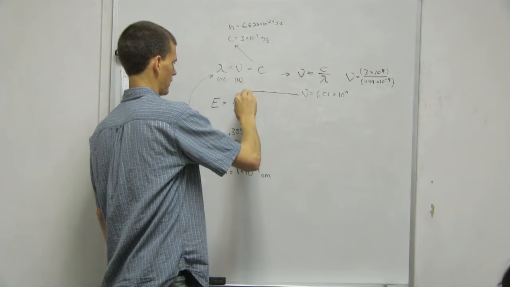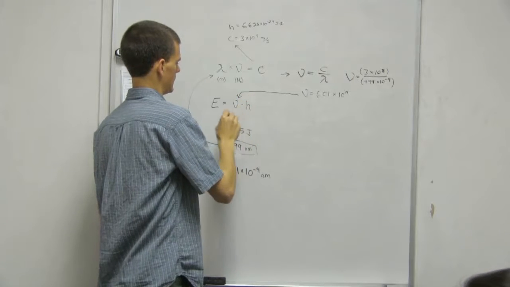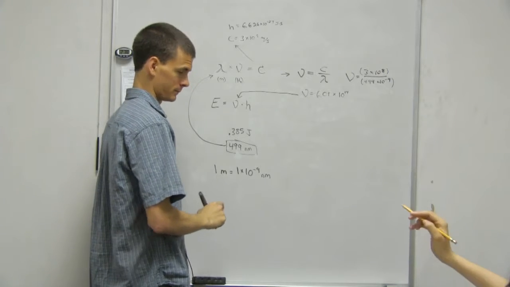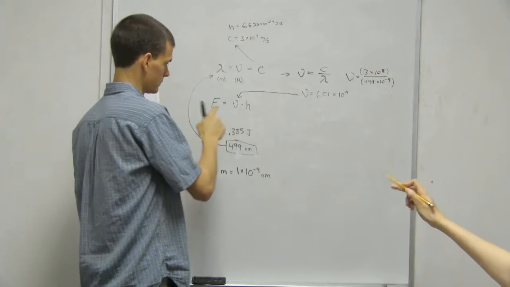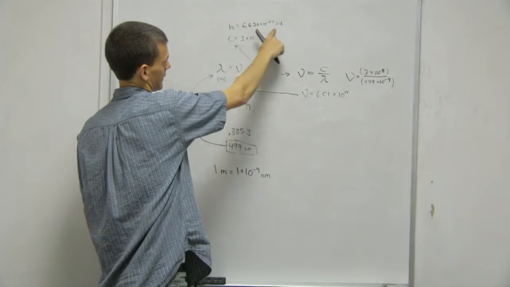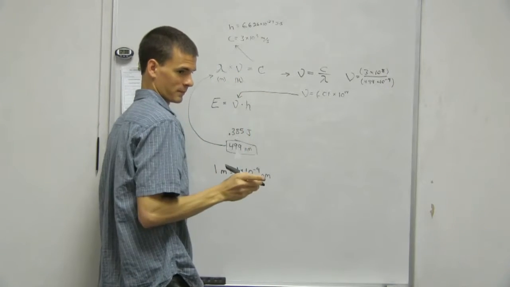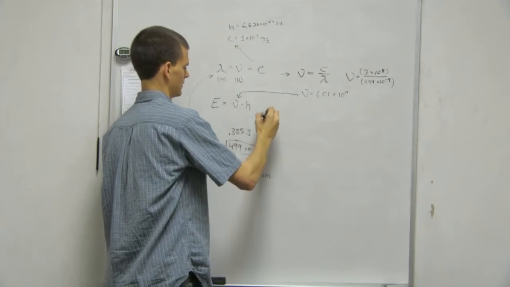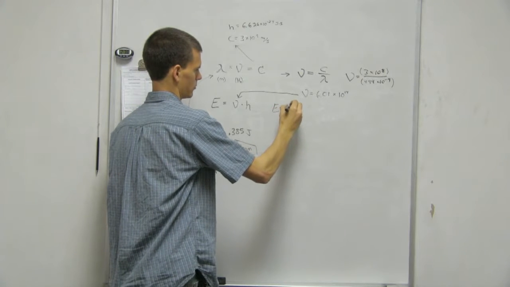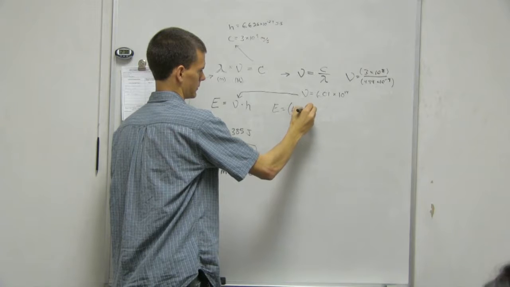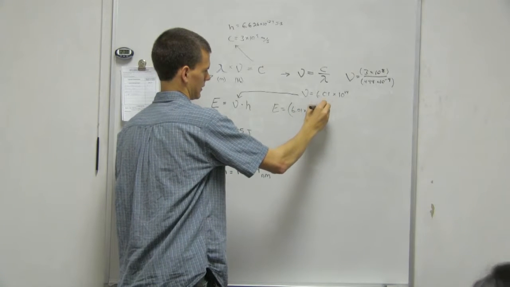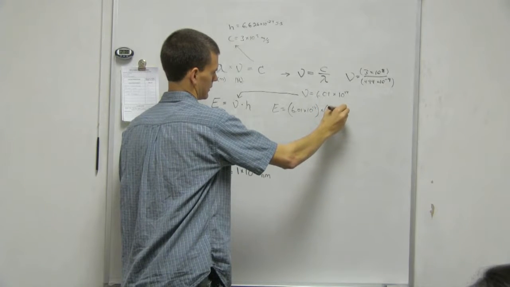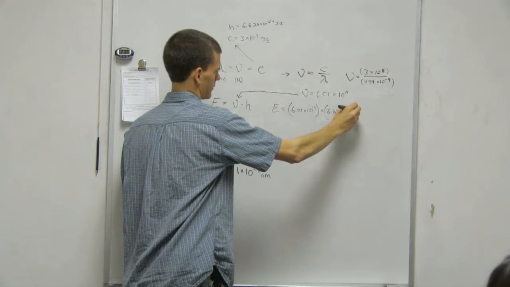Our next step will be to plug that in here to find our energy, and h is Planck's constant. So E equals, in parentheses, 6.01 times 10 to the 14th times h, which is 6.626 times 10 to the negative 34th.